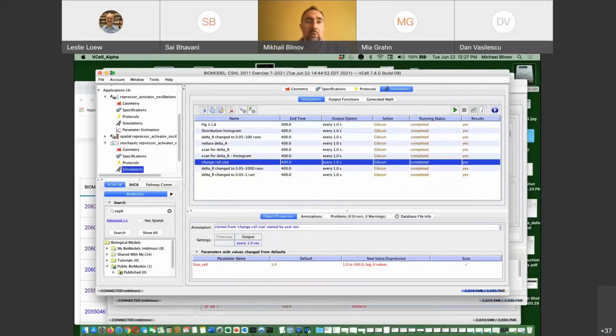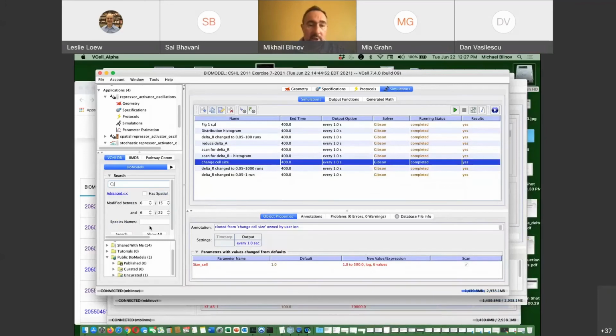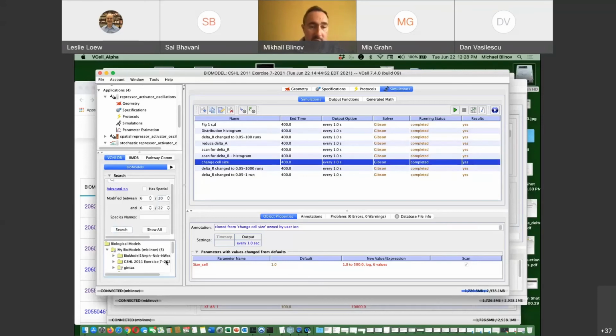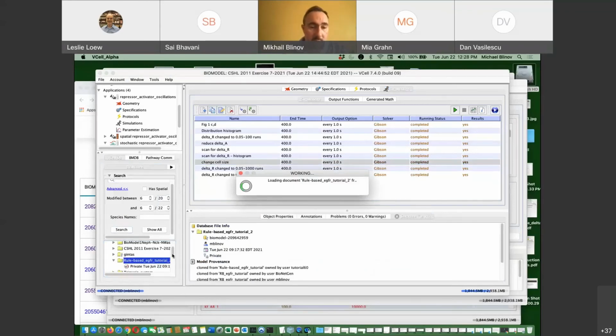All right, so it was a different model. Let me quickly open another model. If you have a lot of models, the easiest way to find something is just to go like that, and you will see all the models that you did over the last few days.